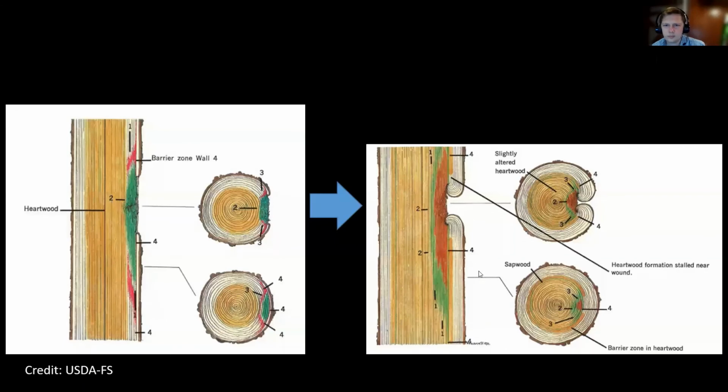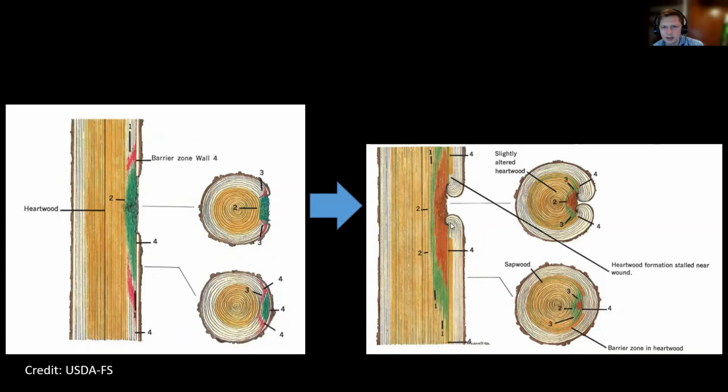And so if the tree is successful and lives to this point, basically the organisms will be starved out from being able to access any source of carbohydrates to keep moving into other parts of the tree, and they'll be essentially just starved out.